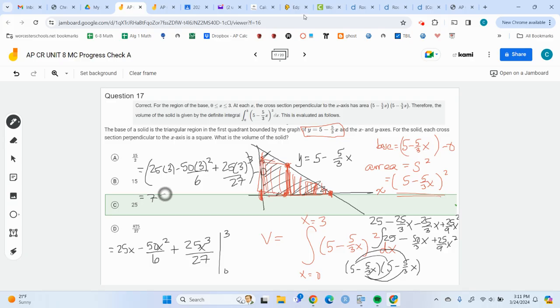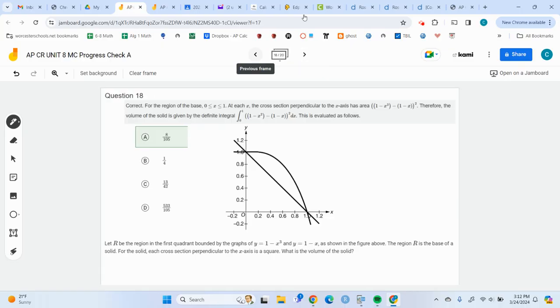Okay, so this is 75 minus 50 times 3 squared, which is 9. 9 over 6 reduces to 3 over 2. 3 cubed is 27, that cancels, plus 25. So 75 plus 25 is 100, minus 50 times 3 is 150 divided by 2. What's 150 divided by 2? 75? Okay, there we go. There's my 25.